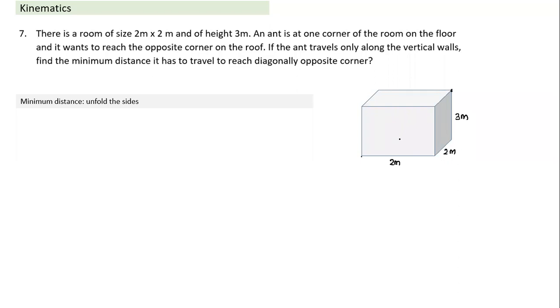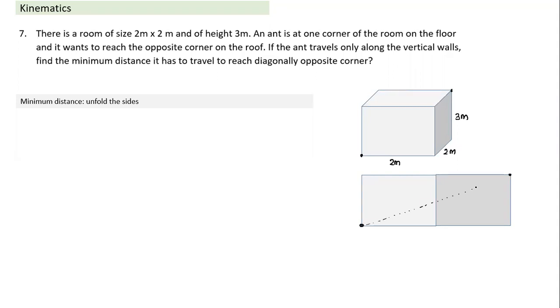Here it cannot be a straight path in the room, but if I unfold these two walls, you understand what I'm saying? Suppose I cut open this box and unfold it here. This is the starting point, and the ant has to reach from here to here. What is the path it must take? It must take this path.